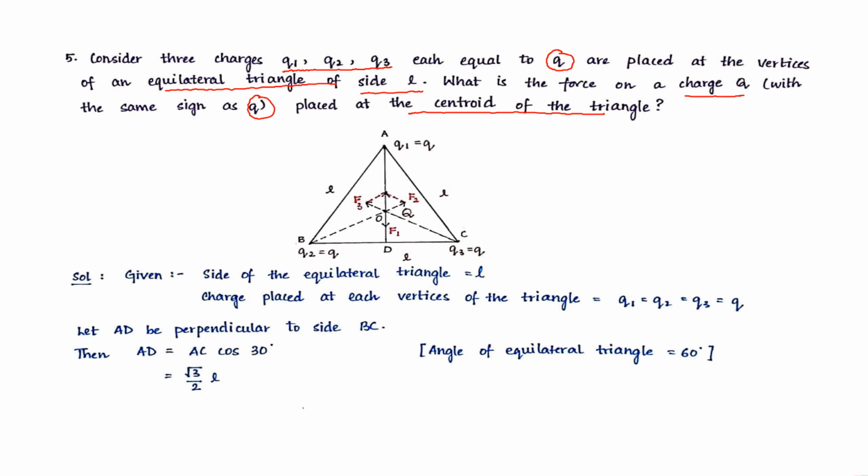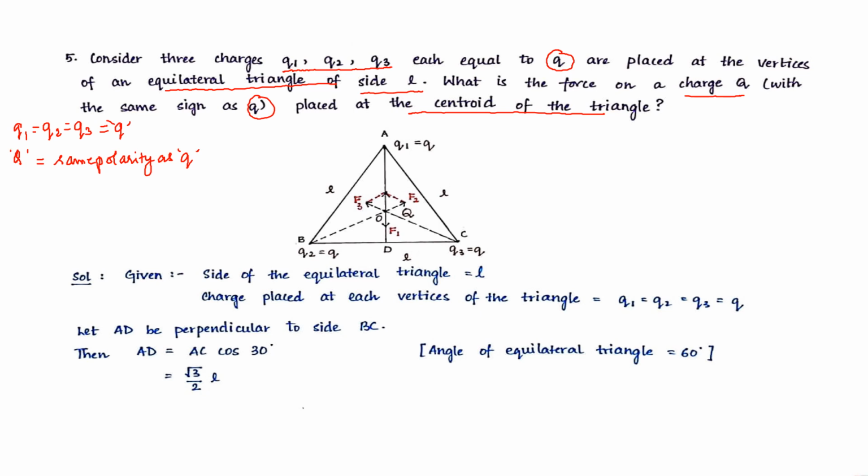So first thing we need to know is that we are given three charges Q1, Q2 and Q3, which are equal to each other and have a magnitude equal to Q. And then we are given one more charge, capital Q, which has the same polarity as small q.